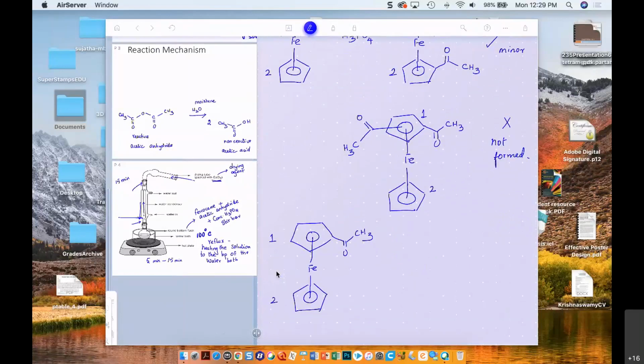I want you to tell me which ring is relatively electron rich, 1 or 2. In this structure, this is my desired product. You are going to form this. This is going to be your major product. In this major product, which is the relatively electron-rich ring? That's what I meant. 1 or 2?